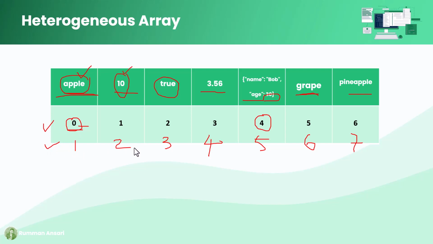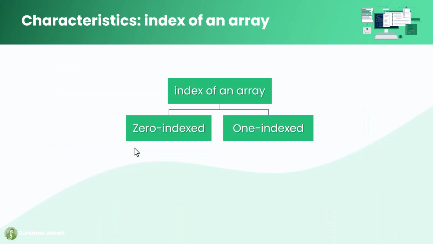So based on these characteristics, we can say that the index of an array can be of two types, 0 index and 1 index. When the array starts with the 0th index, it is called a 0 indexed array, and if the array starts with 1, it is called a 1 indexed array.